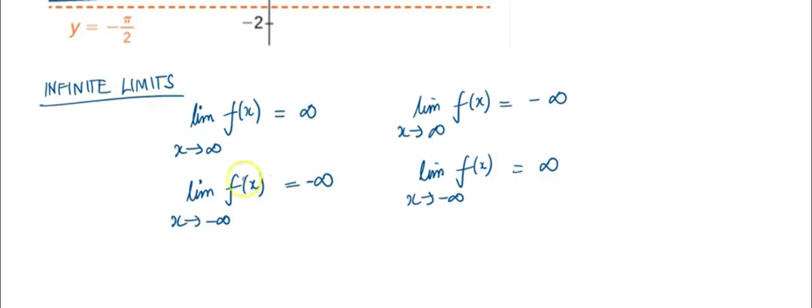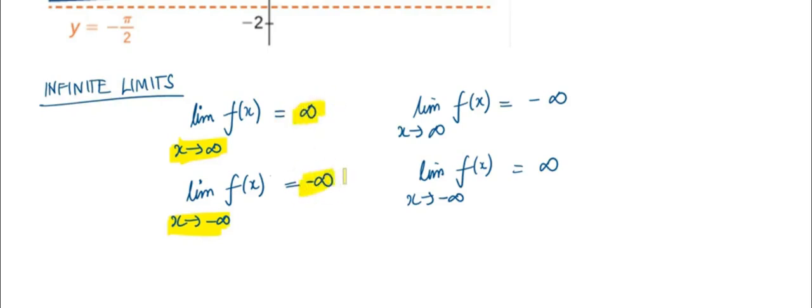There is the language that says limits at infinity, which means we are looking at this portion, going towards infinity. And when we say infinite limits, that means the answer involves infinity.